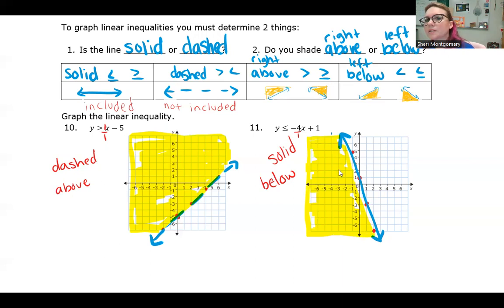Are we good on these two examples? Good-ish. It's kind of a new thing.